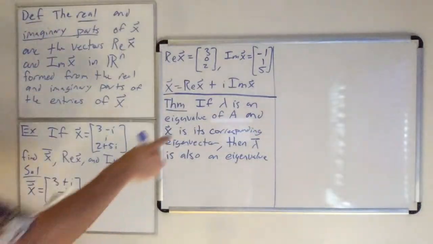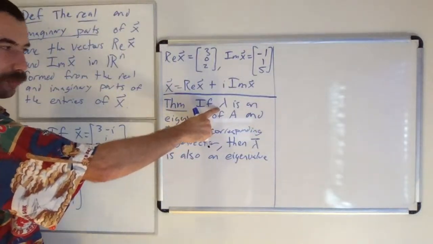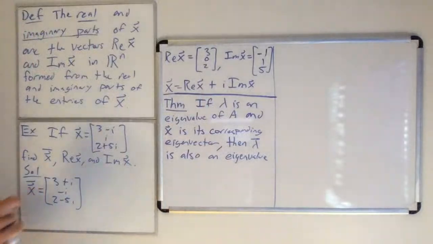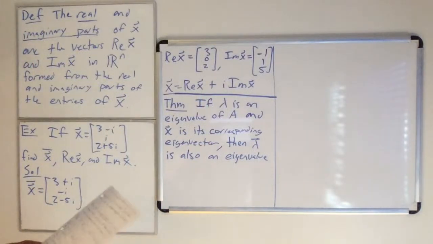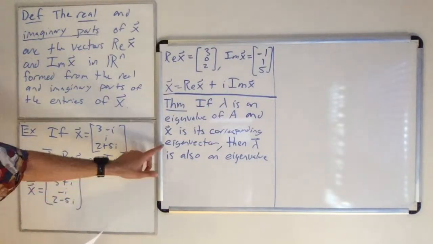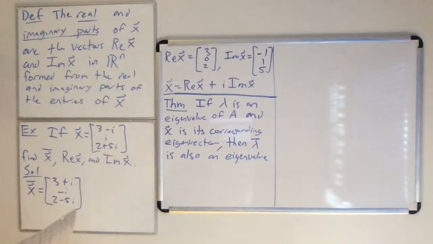Okay, so if we have a plus bi is an eigenvalue, then a minus bi is also an eigenvalue, and its corresponding eigenvector is the complex conjugate of X.